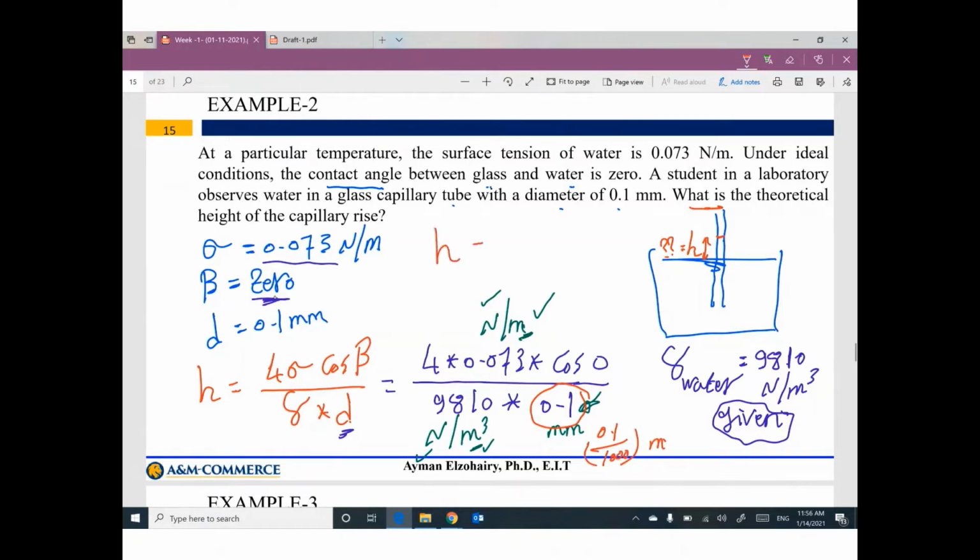Then I can figure out the value of H. This value will be 0.297 meter. So the water will rise in this tube by 0.297 meter, or 29.7 centimeters.